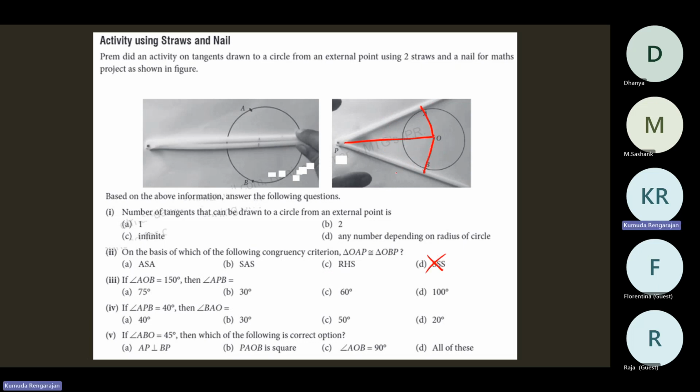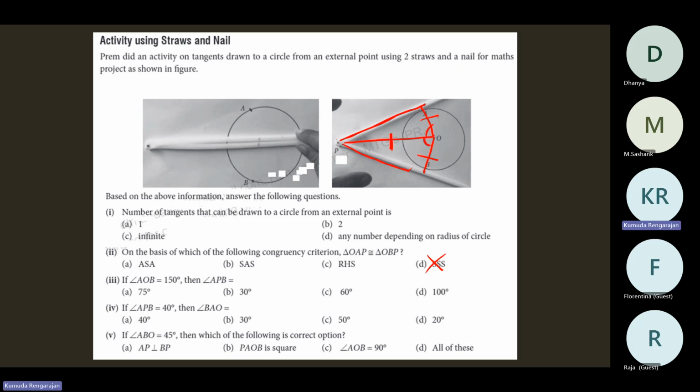And then to check SAS, common side, then radius. Then only if you see this angle is equal to this angle, but that comes later. That is equal tangents subtend equal angles at the center.